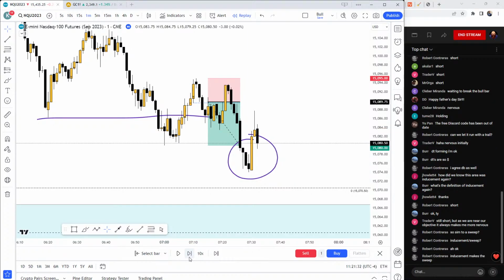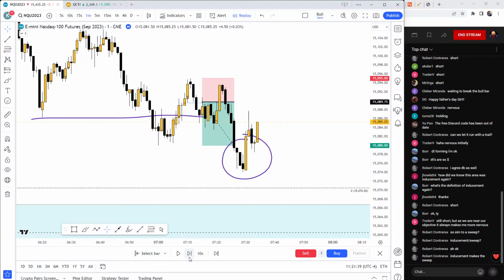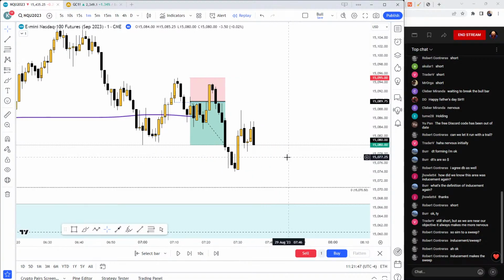Tapping into an imbalance. That's not good. So if we're reading price action, we expected this imbalance to make a new high.